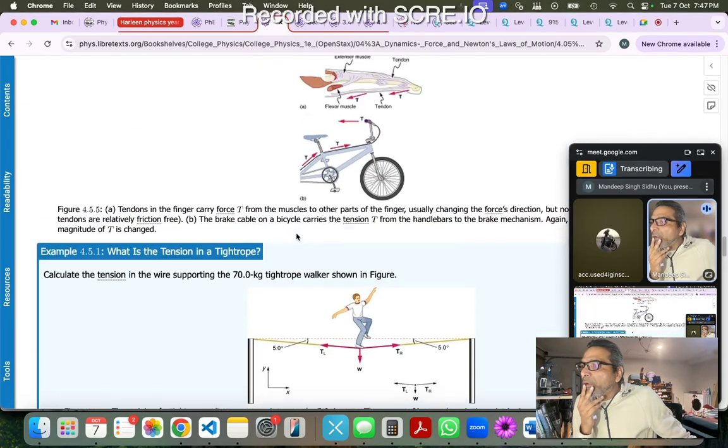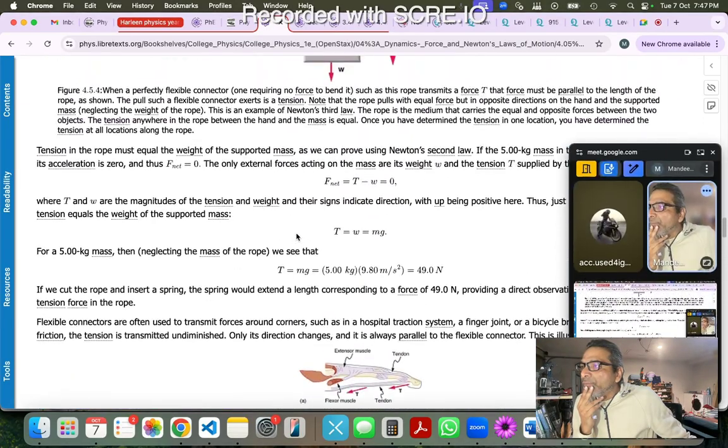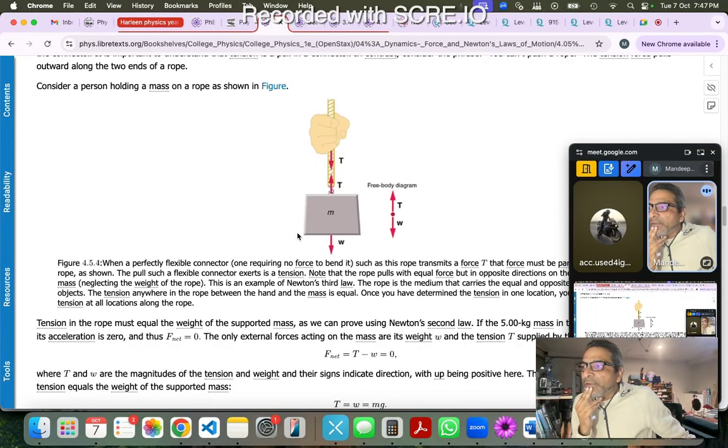The tension is going upward, the weight is pulling it downwards.